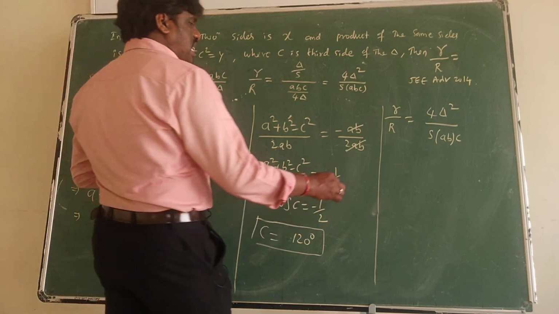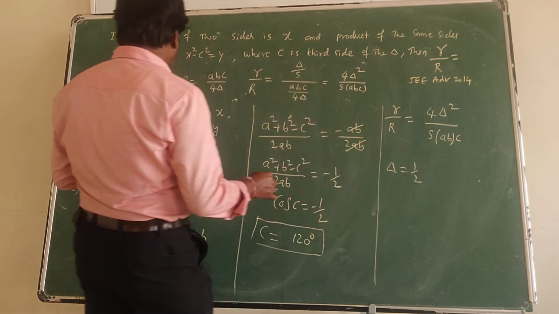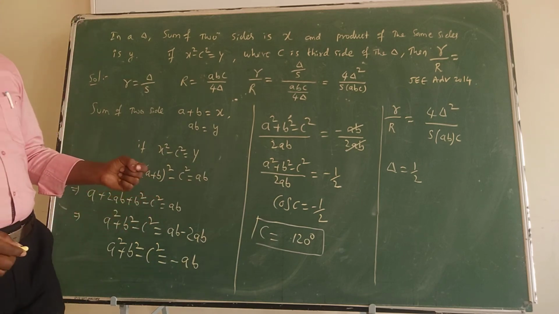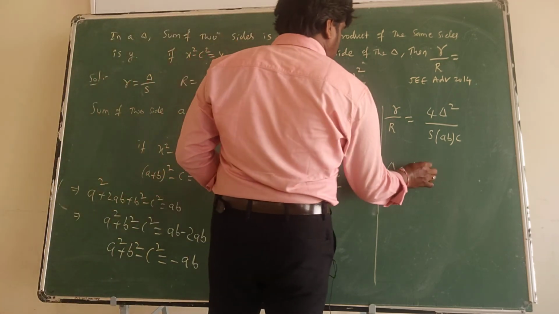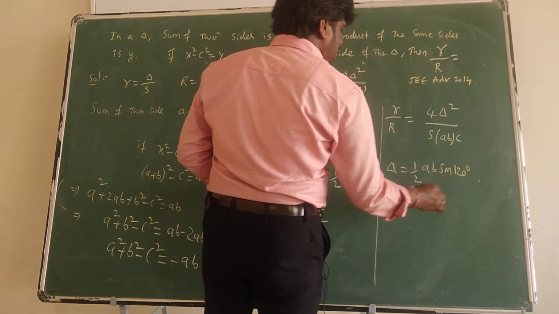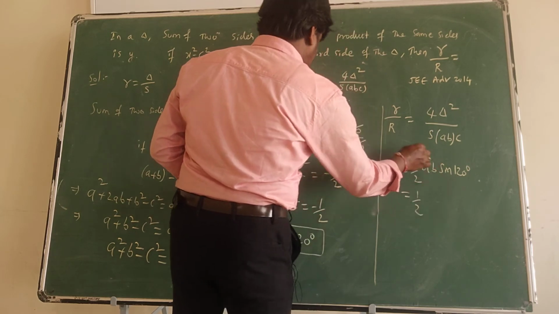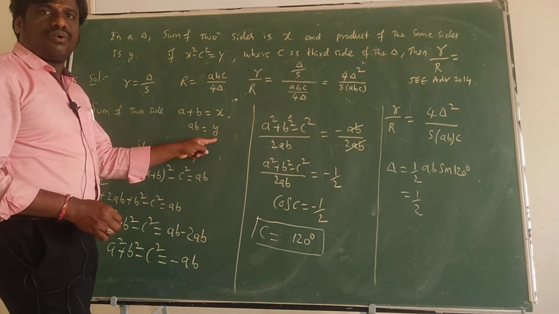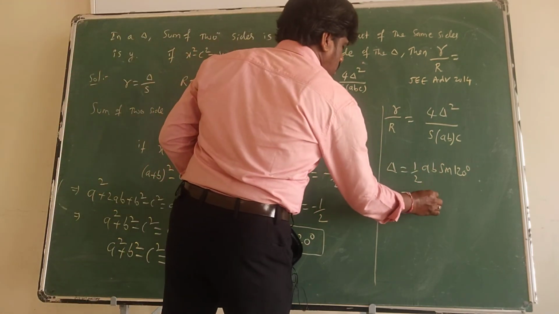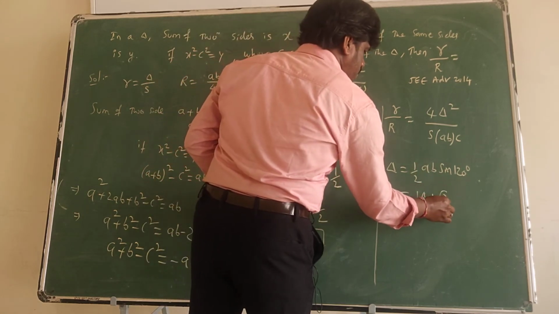What is the area of the triangle? Since you know angle C, the area is half into a into b into sine 120 degrees, where C is 120. The product ab is y, and sine 120 degrees is root 3 by 2.